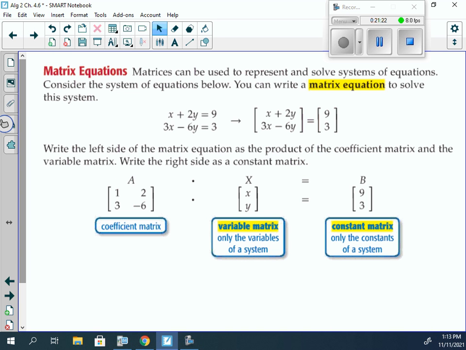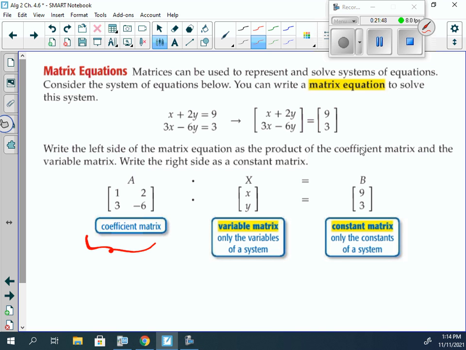Solving systems of equations using inverses. Whenever we have a system of equations, we're going to write it as the product of two matrices. The first matrix we're going to call our coefficient matrix, which will just be the numbers in front of x and y.